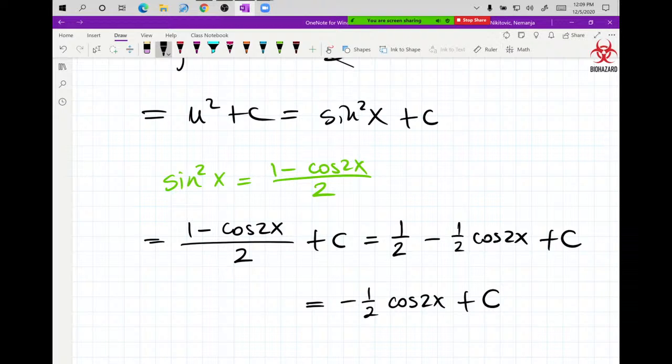These constant terms, like 1/2 there, can be absorbed by that c into just a c. And there you have it. It's the same answer. So this problem is a very interesting problem just because we can solve the same problem using the same technique in two different ways because of the trig identity.